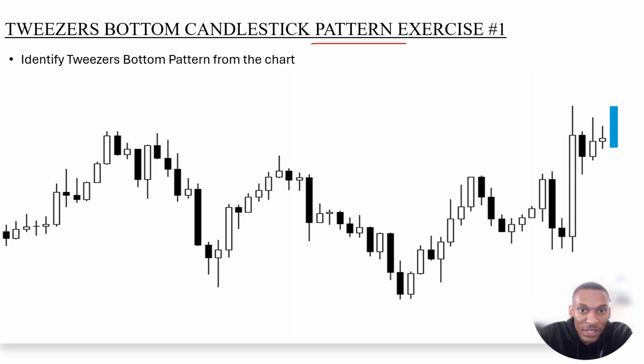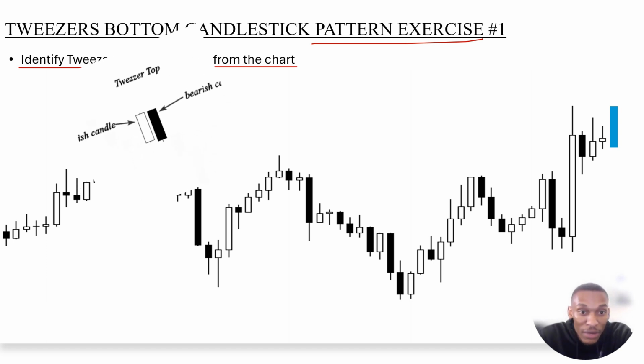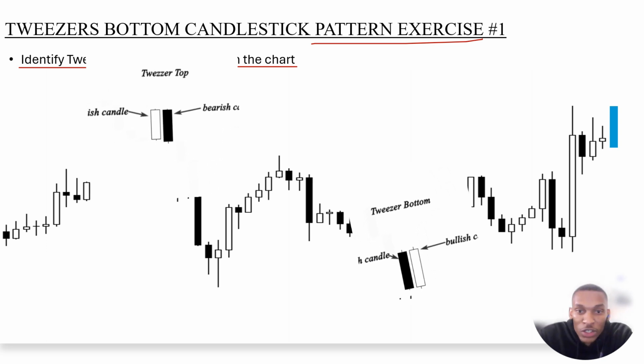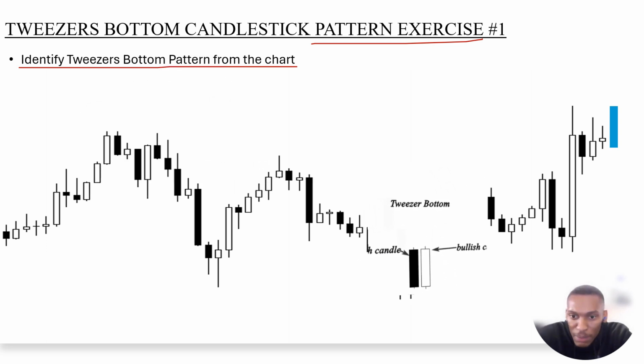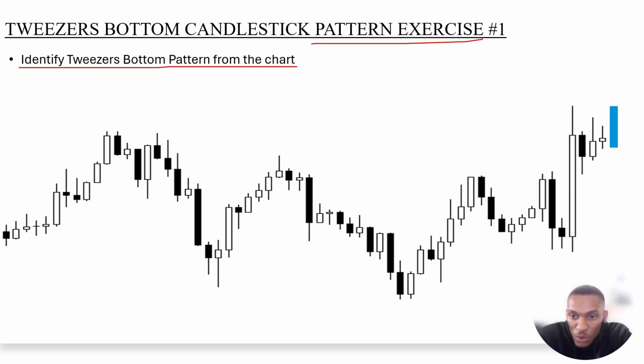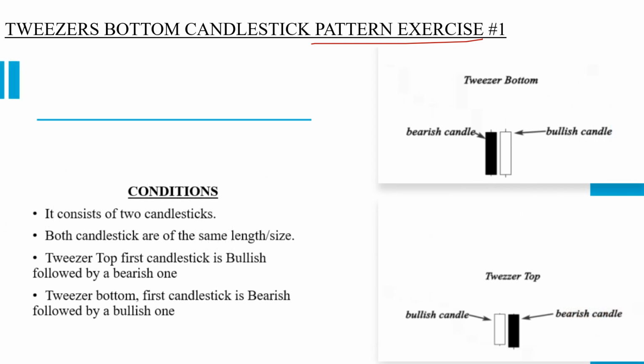So let's do some examples here. I want you guys to identify the tweezer bottom. Is it a tweezer top or is it a tweezer bottom? So again, remember your conditions and know where to look. Conditions consist of 2 candlesticks. Both candlesticks are of the same length.